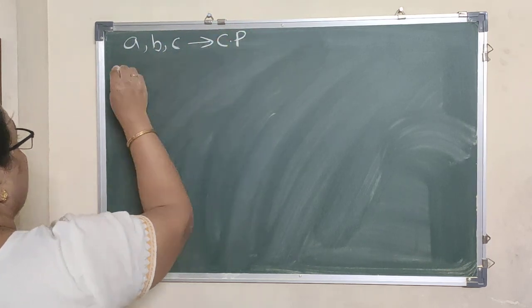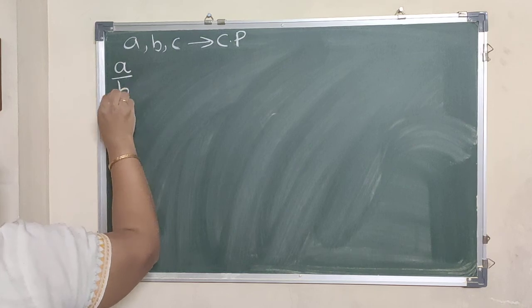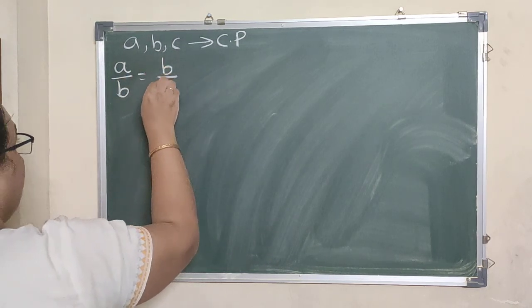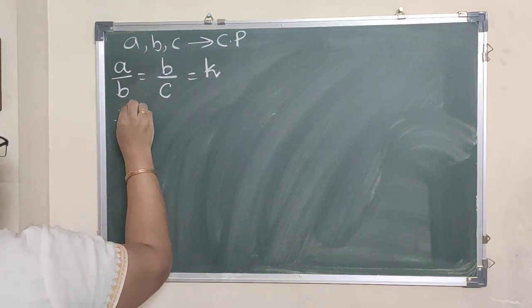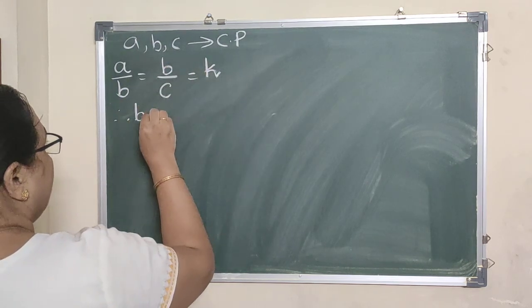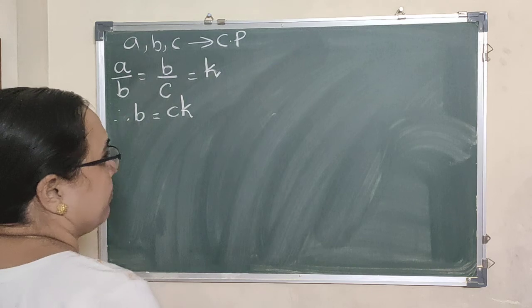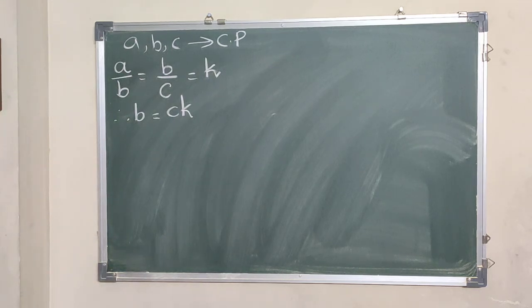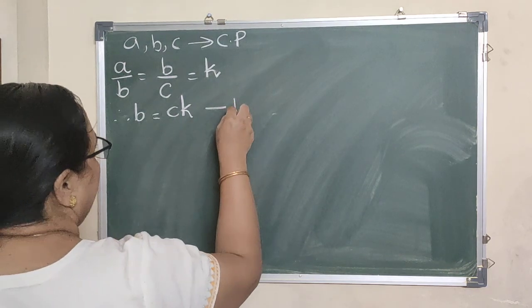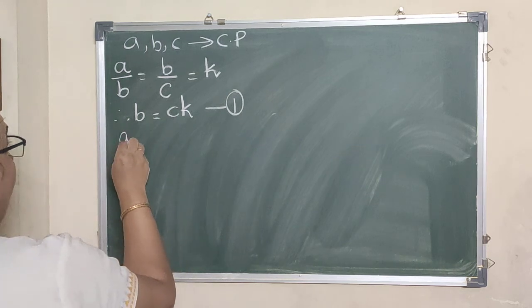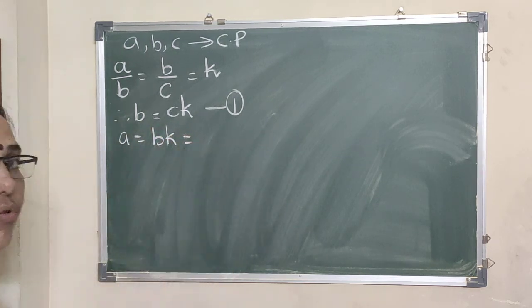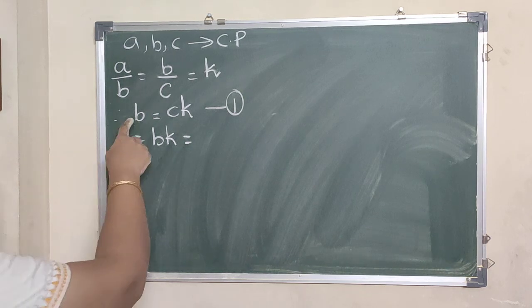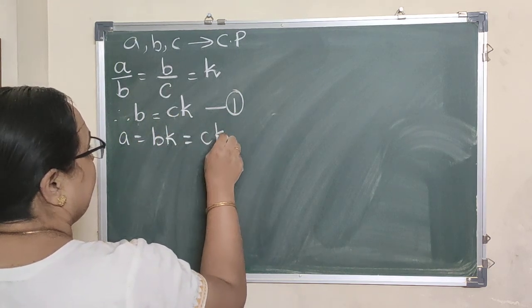A, B, C are in continued proportion. A upon B equals B upon C equals K. From here, therefore, B is equal to CK. Mark it as equation 1. A equals BK. And what is B? B is equal to CK.